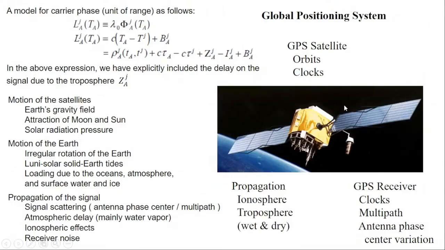These are the error budgets associated with the data, and these are the processes and mechanisms that go on during the acquisition of this GNSS data. We have to remove all these ambiguities like orbit error, clock error, then propagation related ionosphere and troposphere, then GPS related clock, multipath, antenna phase center variation, and then environmental and some geophysical phenomena.